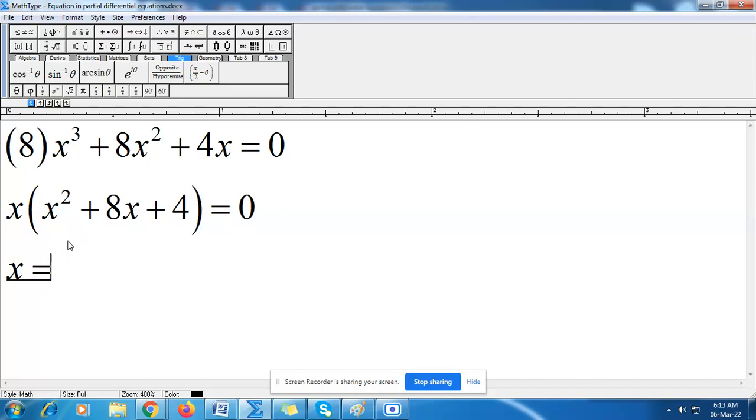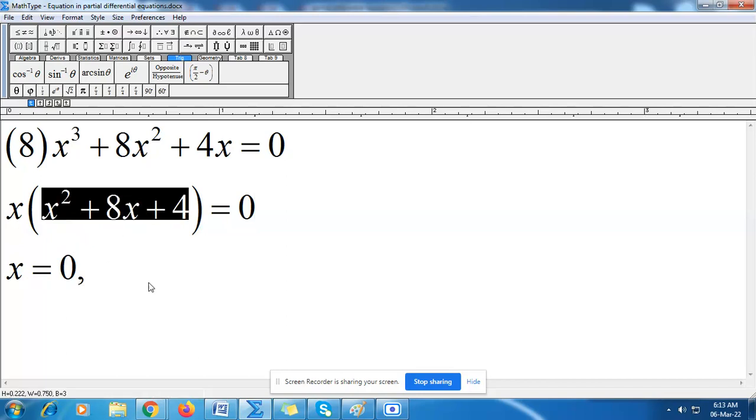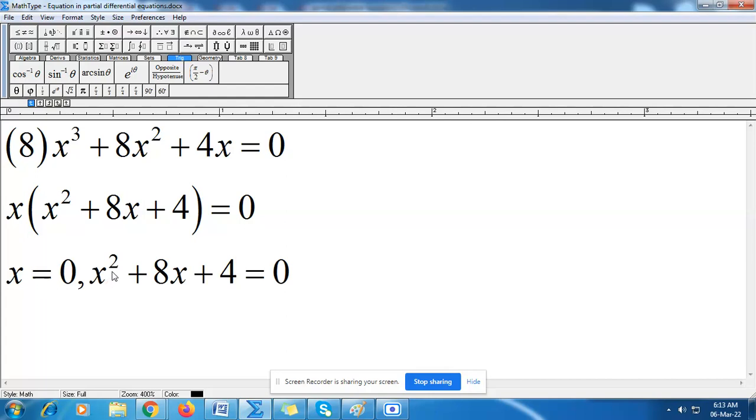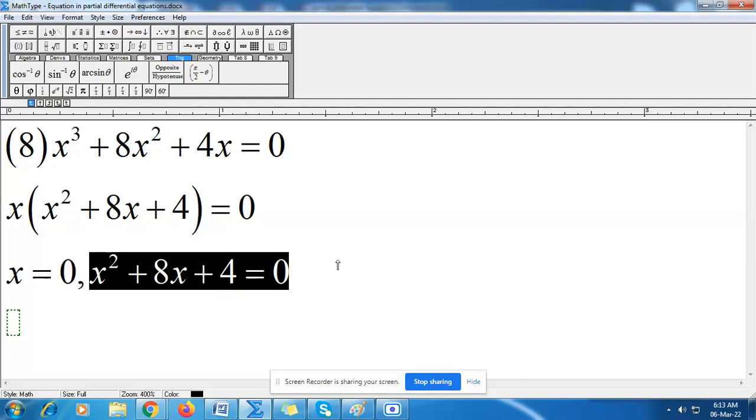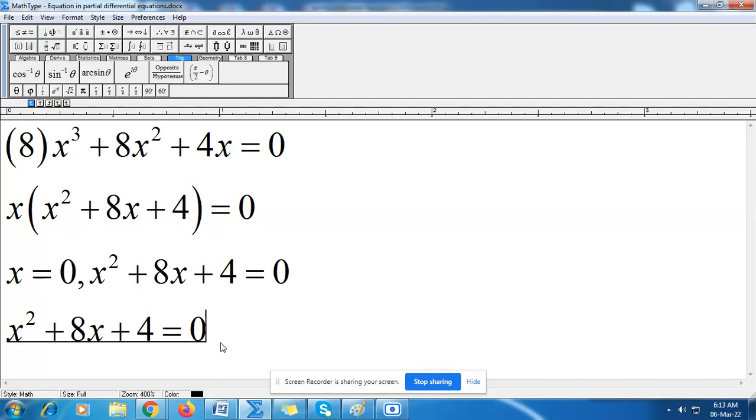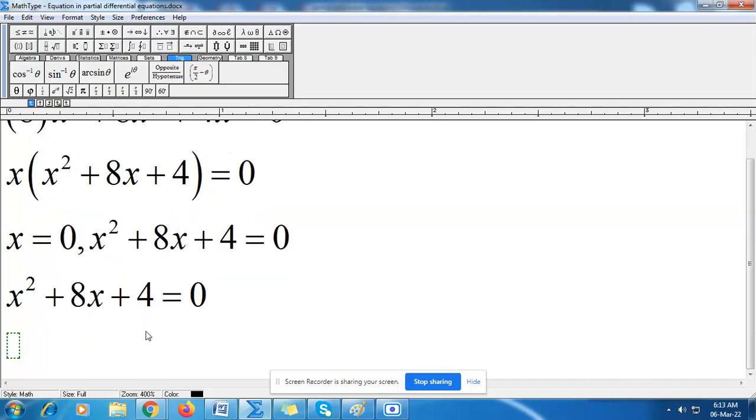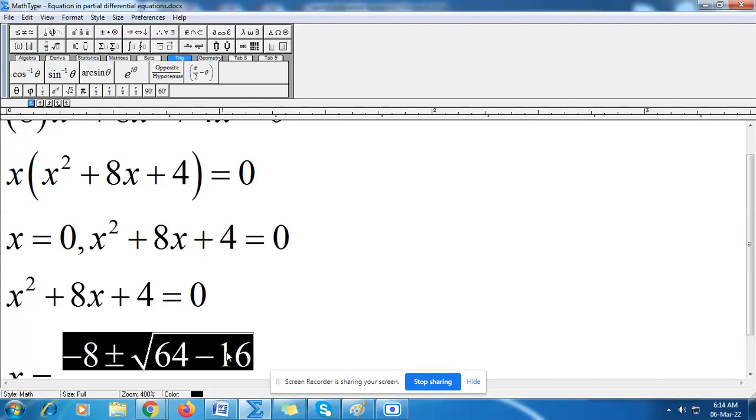So here x equal to 0 or x square plus 8x plus 4 equal to 0. So solve the quadratic equation of this. This is x equal to minus b plus or minus root of b square, that is 8 square minus 4ac, 4 into 4 is 16, whole by 2a.